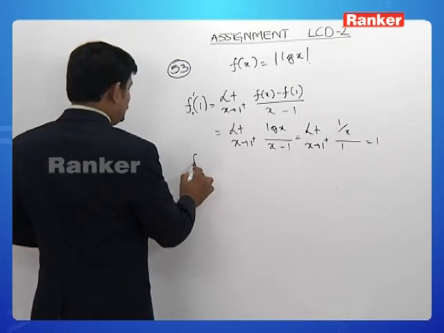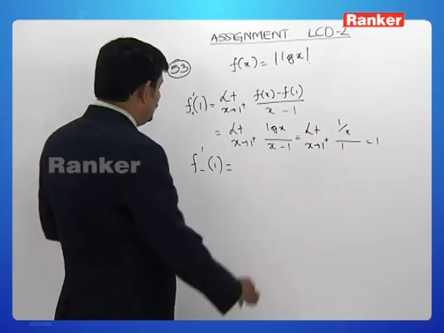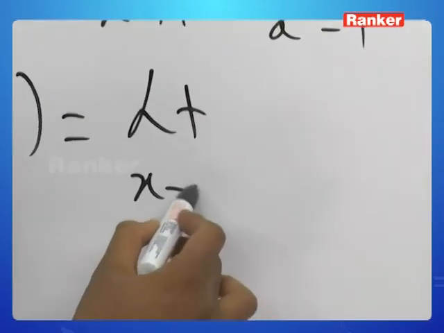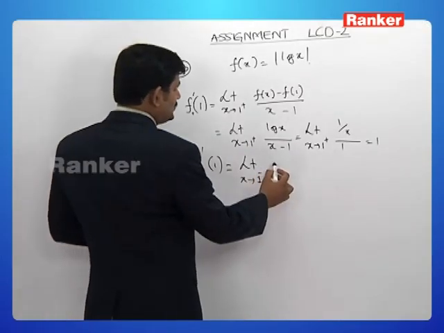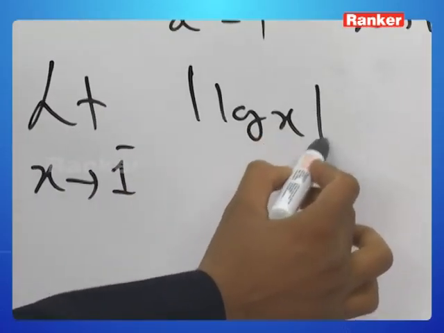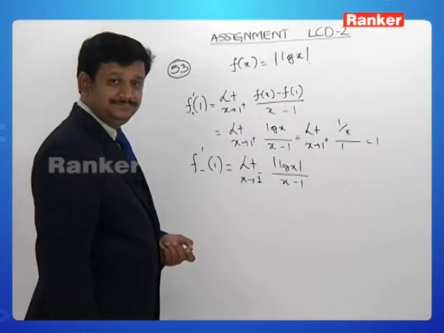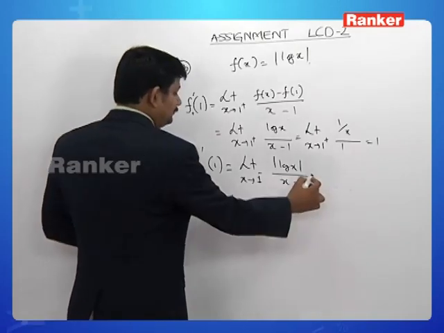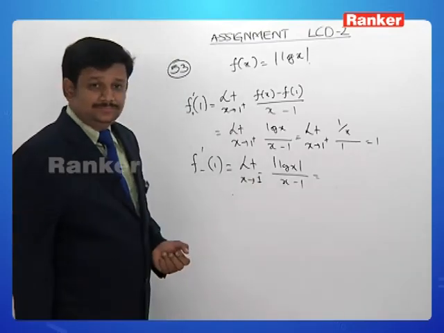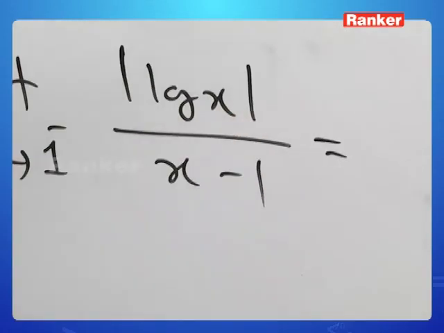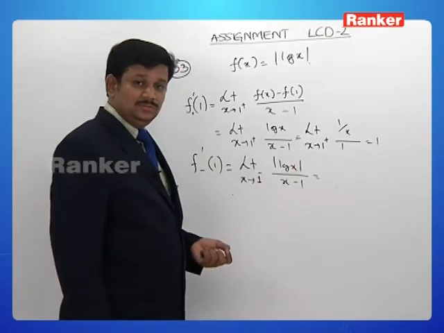Now let us evaluate the left hand derivative at 1. Left hand derivative at any point a is limit x tending to a minus. So here it is 1 minus, f of x is mod log x minus f of 1, which is 0, divided by x minus 1. x is slightly less than 1, log x is increasing, log 1 is 0, so log x would be less than 0, negative.